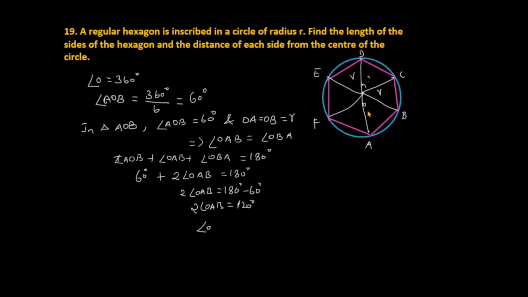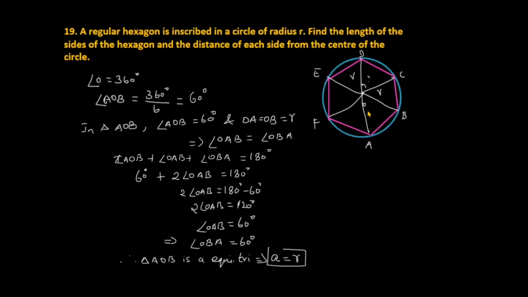Angle OAB is equal to 60 degrees, which means angle OBA is also 60 degrees. So all the angles in triangle AOB are 60. Therefore, triangle AOB is an equilateral triangle. So the side length a is equal to r. The side length of the hexagon is the radius.